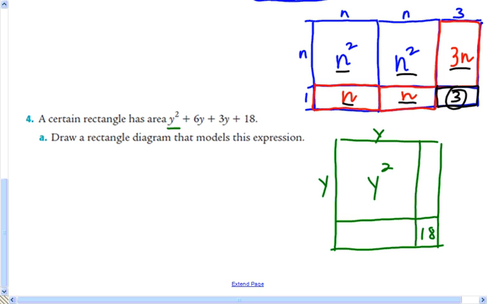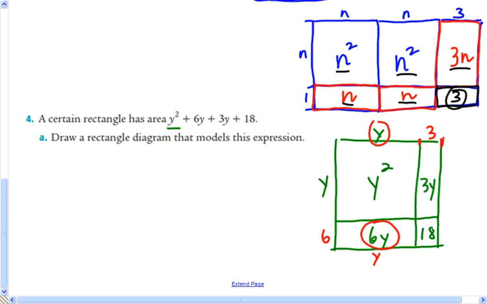So now you have to think of where you're going to put the other 2 parts. One is 6y and one is 3y. So I'm going to do it that way. And if this area right here is 6y, then I know that this dimension down here is y because it's the same as this one up here. And that means the other dimension has to be 6 to get 6 times y. And using a similar line of thought, this little part up here needs to be 3.